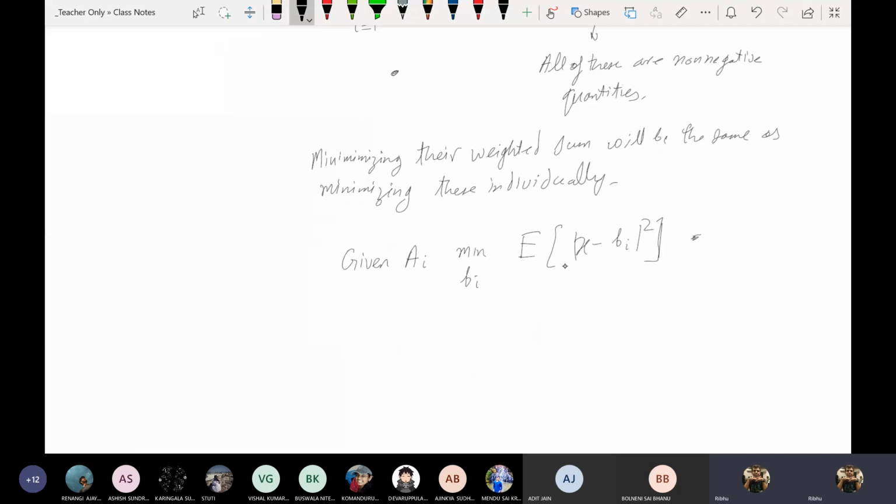And this will be minimized when b_i equals the expectation of x given x in A_i.